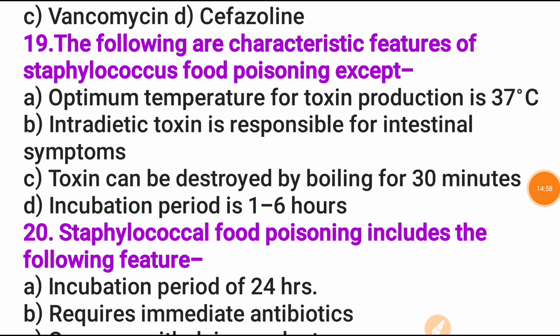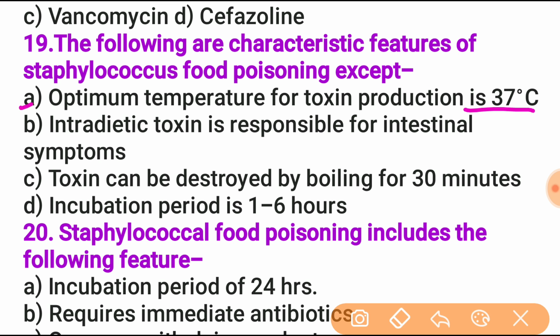In general, the Staphylococcus growth is optimum at body temperature, that means 37 degrees C. So this option may be right. Preformed enterotoxin is responsible for intestinal symptoms.